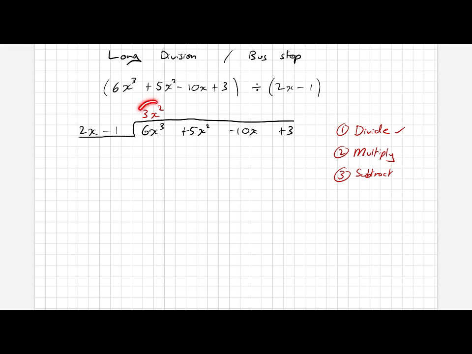The answer for my division was 3x squared, and I'm going to multiply that by the full divisor, 2x minus 1. 3x squared times 2x gives me 6x cubed, and 3x squared times negative 1 is negative 3x squared. So that's my step 2 multiplication done.